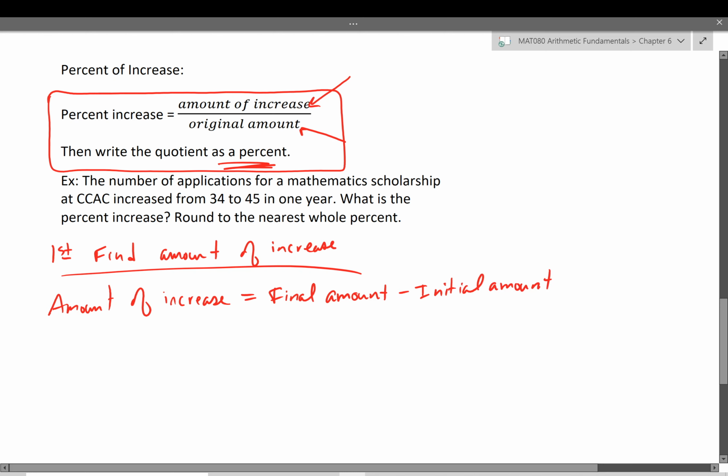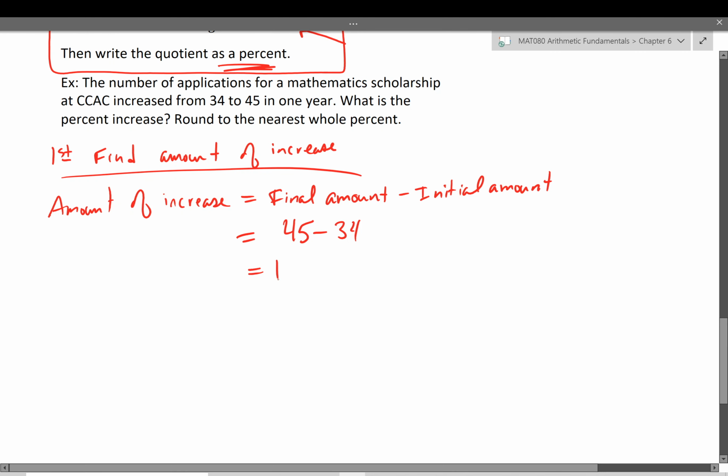That's going to equal 45 minus 34, which equals 11. The second part, we're going to find the percent increase.